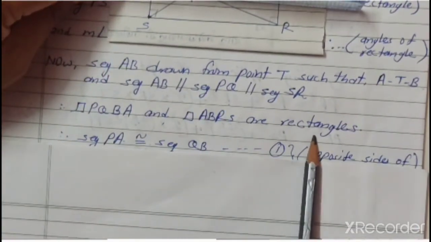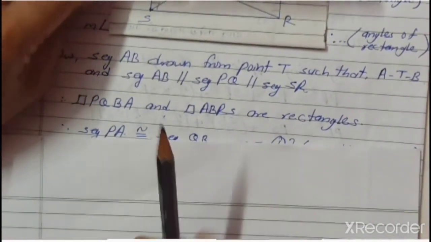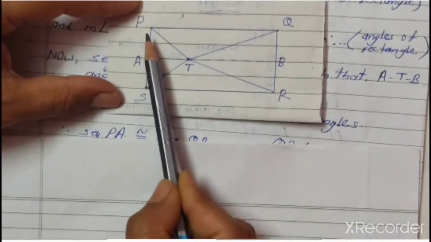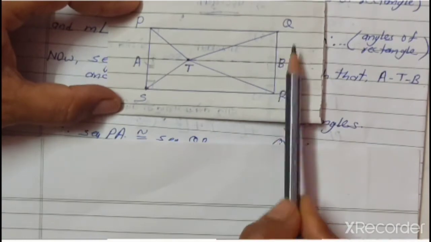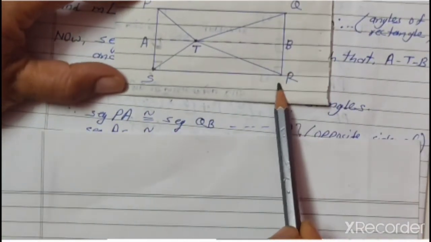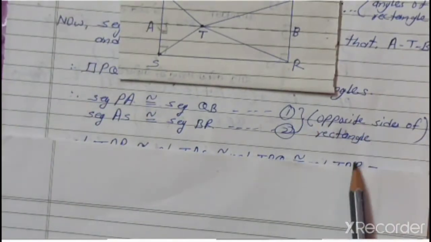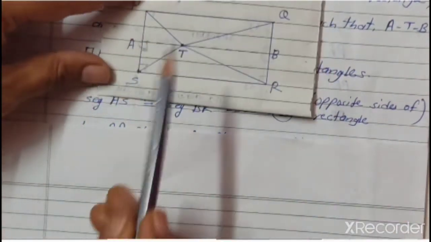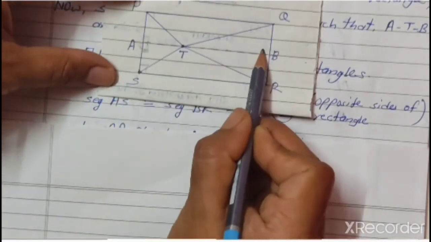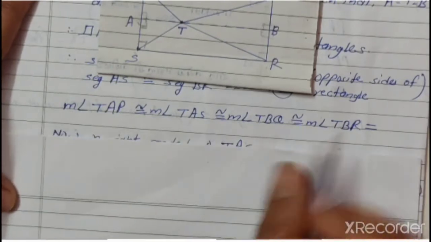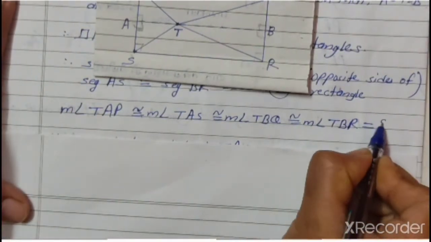So if they are rectangles, then their opposite segments are congruent: segment PA is congruent with segment QB, and segment AS is congruent with segment BR because they are opposite sides of a rectangle. And this angle is 90 degrees because the angle of a rectangle is 90 degrees.